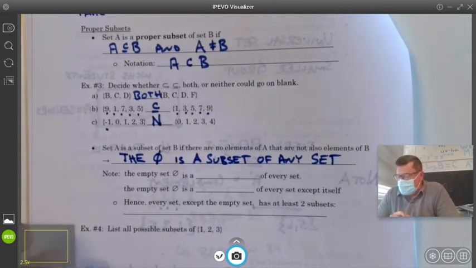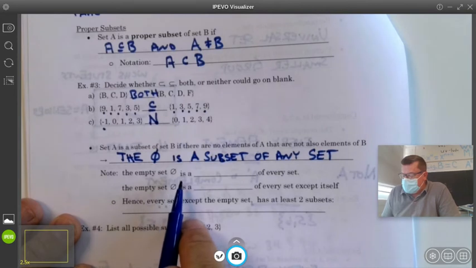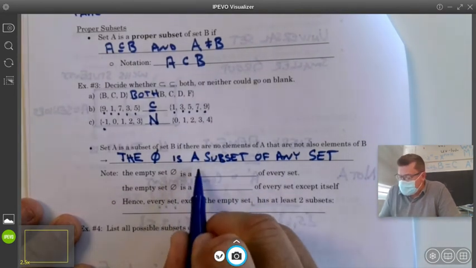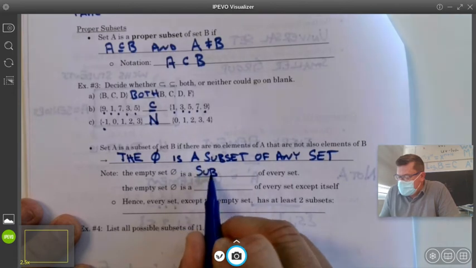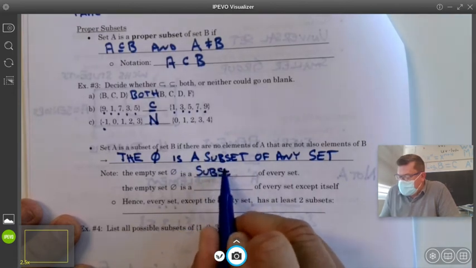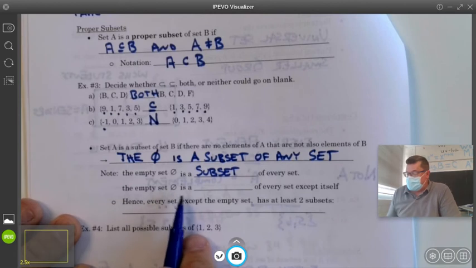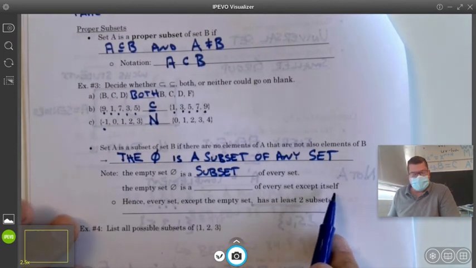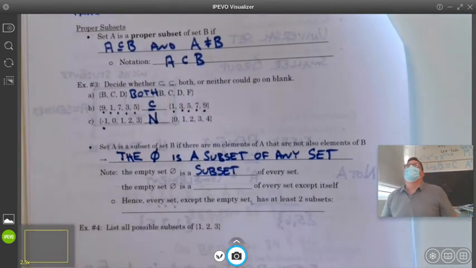Let's fill in the blanks. The empty set is a subset of every set. The empty set is a blank of every set except for itself. Can you think of the phrase that goes in there?